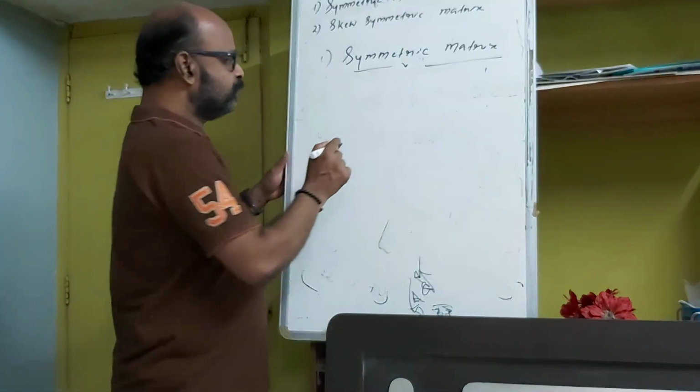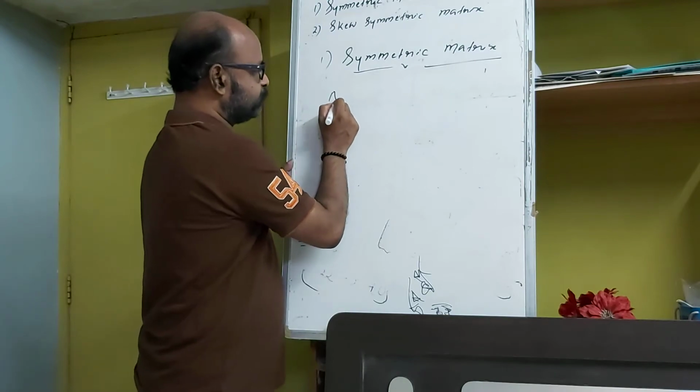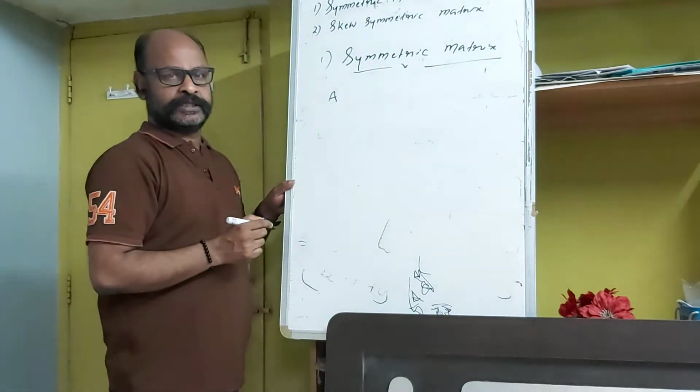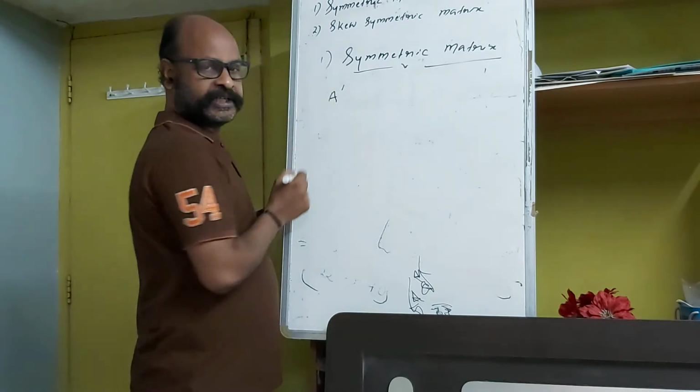Now we see the definition of a symmetric matrix. Remember, here we consider a square matrix. A is a square matrix, and we obtain the transpose, A transpose.